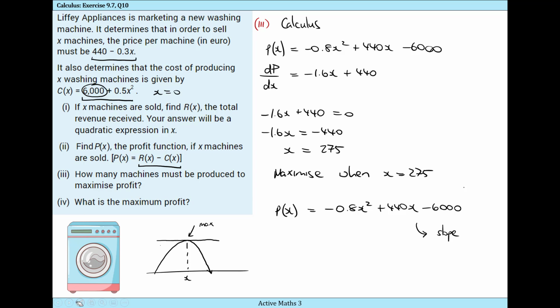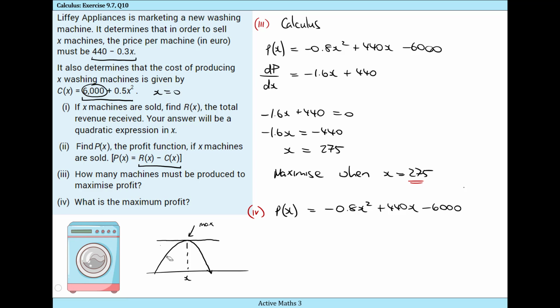The final question, part four, asks us what that maximum profit is. Part three was how many machines we sell to make the maximum profit, and that's 275. But part four asks us to actually find that maximum profit.